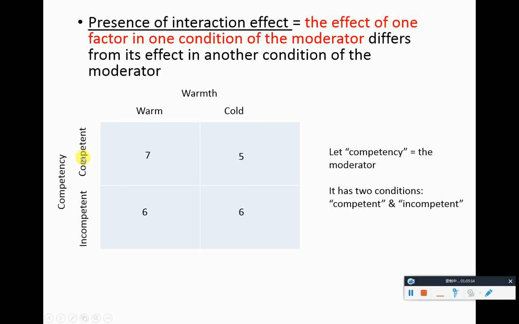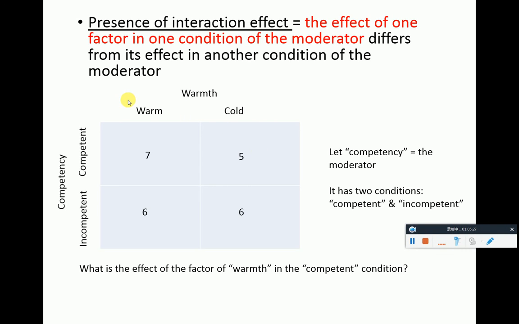Competent is one condition of the factor competency. So this sentence simply asks, what is the effect of the factor warmth in the competent condition? Is there any difference between warm and cold in the competent condition?